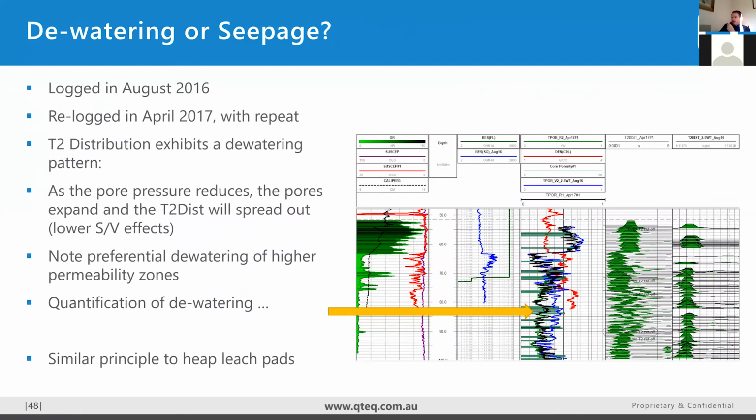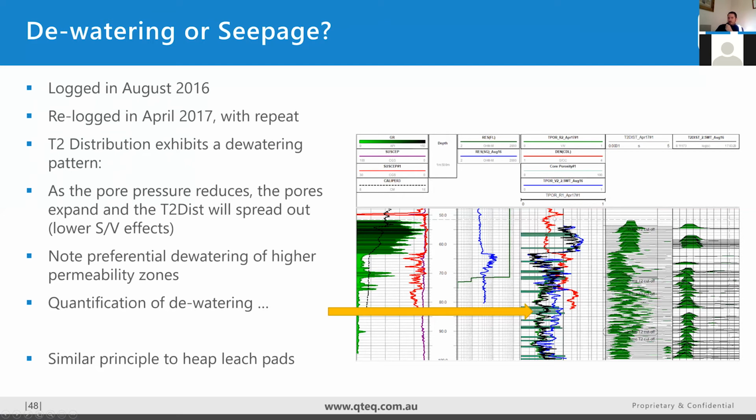So I think this is coming up to the last few slides. So this is another example where they went through a dewatering phase. So this chart is quite messy, but on the left is just some gamma ray and magnetic susceptibility measurements. The green bars are some core values, but what we've got is some BMR measurements over a period of time.